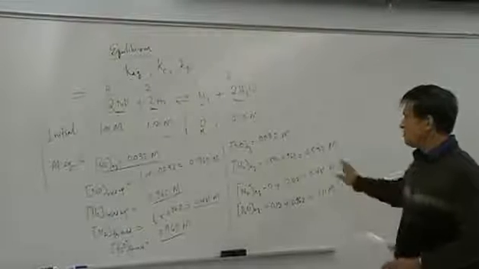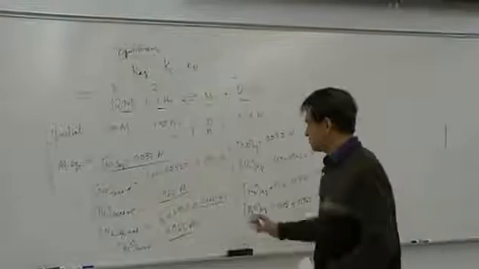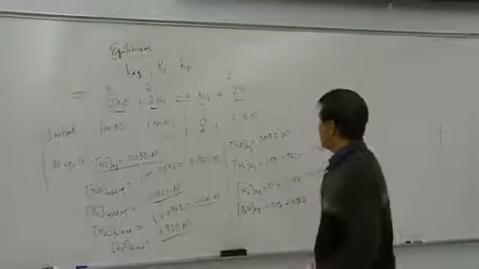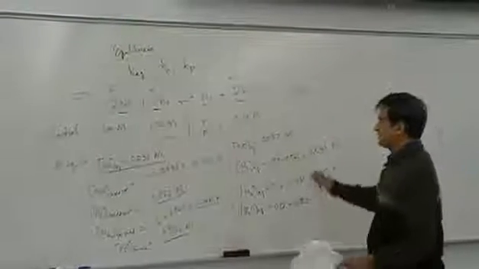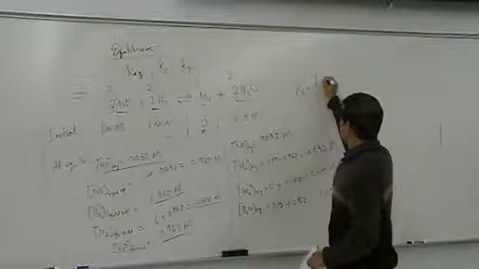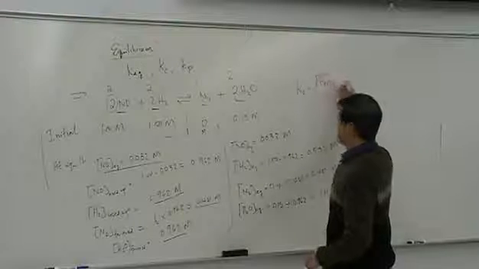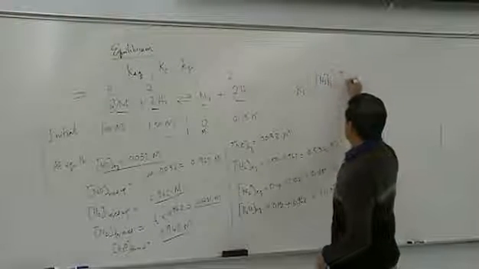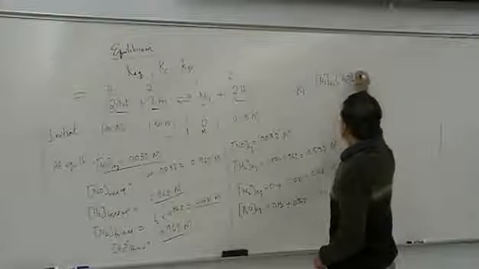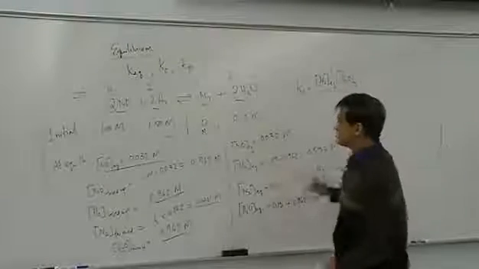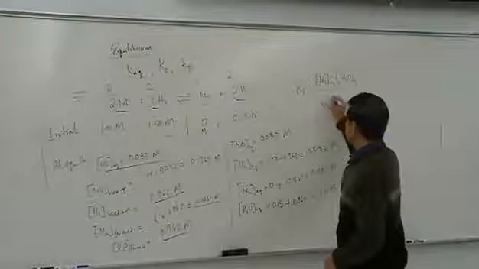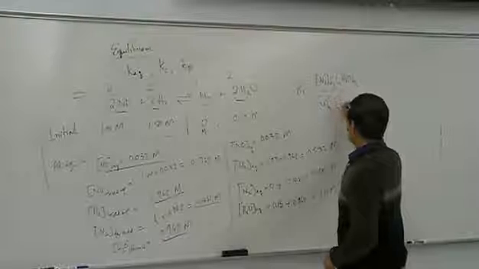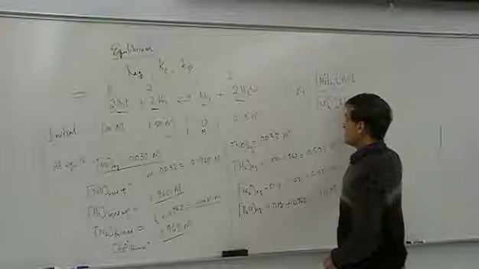Now, once we know all these values, the question could be given in several different ways. I can either ask you to write down equilibrium concentrations, or I can ask you to calculate the Kc value. For the Kc value, you're going to use numbers like this: N2 at equilibrium raised to the power 1, H2O at equilibrium raised to the power 2, because these are the coefficients, over NO at equilibrium raised to the power 2, H2 at equilibrium raised to the power 2.